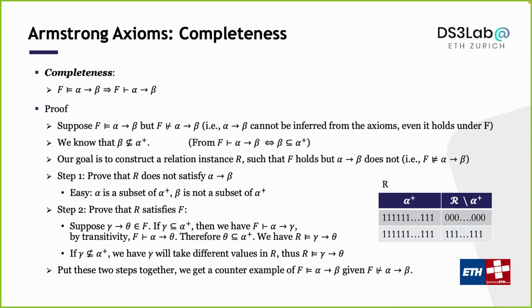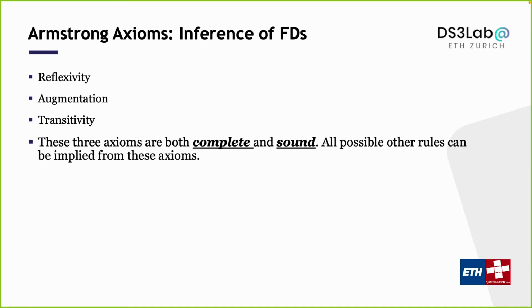Then try to derive a contradiction by constructing a relation instance that gives you the contradiction. That relation instance is going to look something like this. Again, we are not going through this during the lecture because this is something you need to sit down, read and think about for 20 minutes, and then the whole thing becomes relatively natural. It's very hard to communicate that in a couple of minutes. But again, trust me.